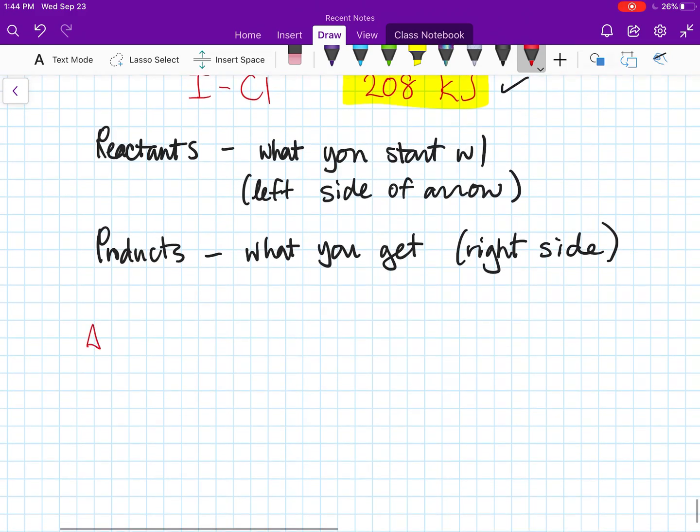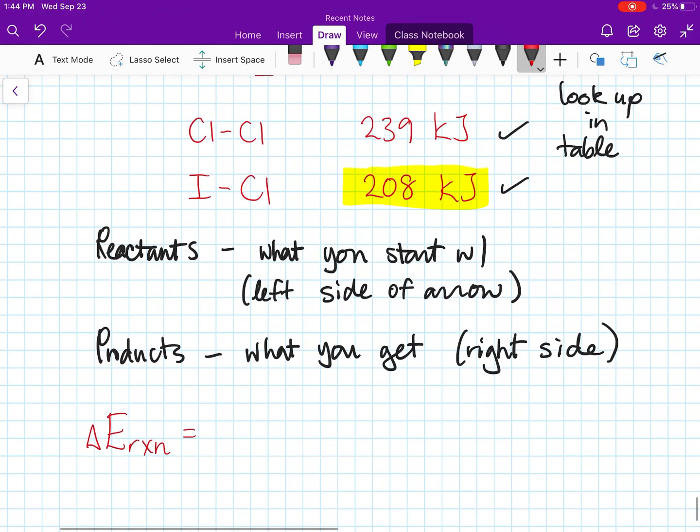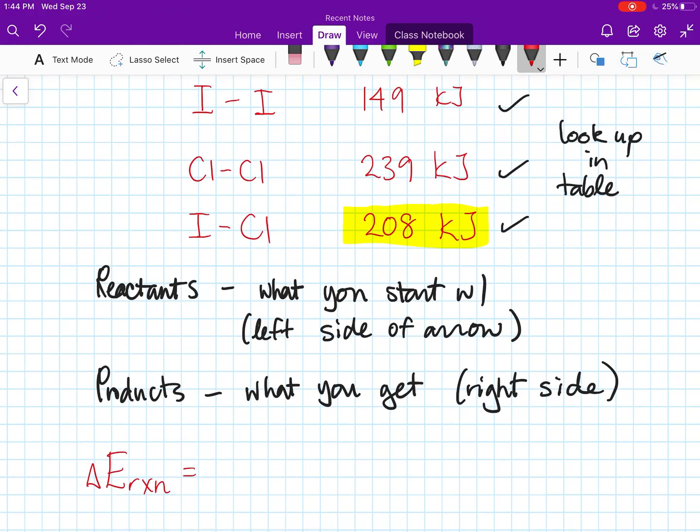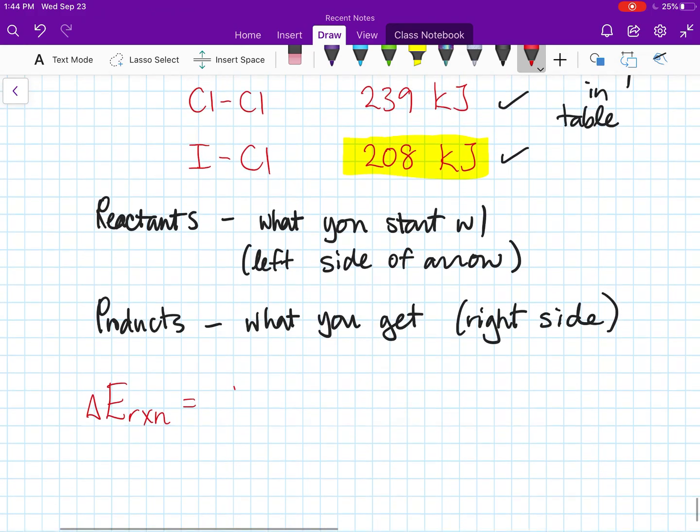So that means when we're calculating the change in energy for this reaction, we should take into account the breaking of the iodine bond, so that's 149 kilojoules, plus the breaking of the chlorine-chlorine bond, that's 239 kilojoules.